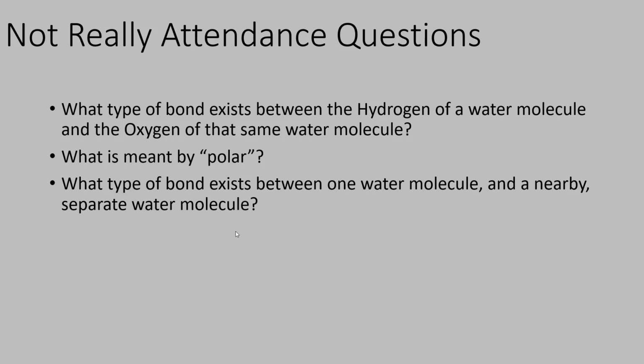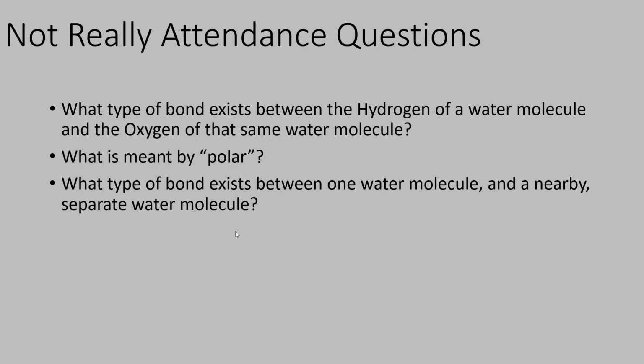Now, hopefully you've done that. Let's see what the correct answer to those questions are. What type of bond exists between the hydrogen of a water molecule and the oxygen of that same water molecule? Well, here we are looking at the bonds within a water molecule, and those bonds are covalent bonds.